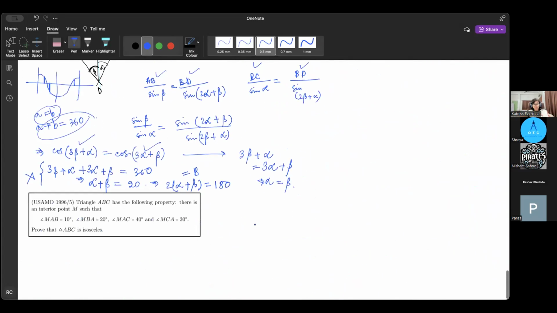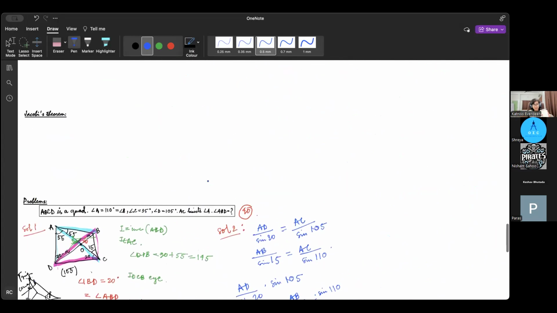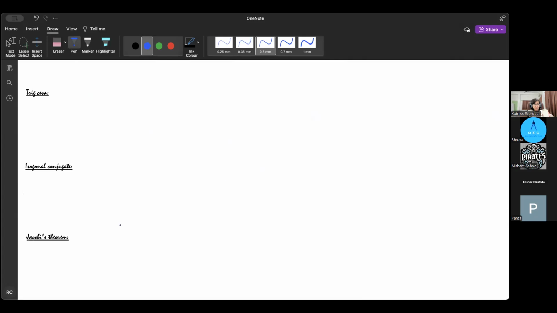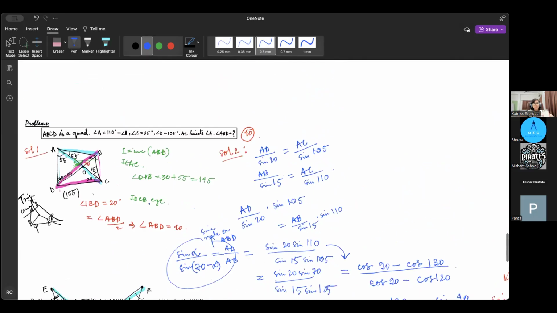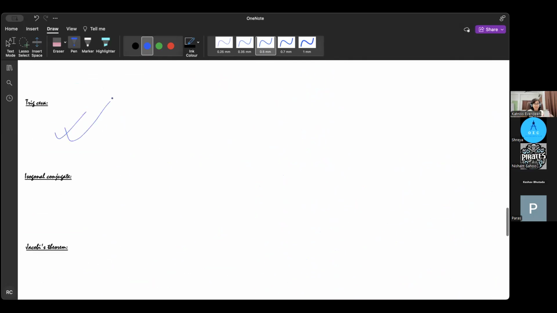Okay, so I had actually planned to do one more problem. This problem is pretty nice. And I also wanted to cover a few more things like trig Ceva, isogonal conjugates, and Jacobi's theorem using trigonometry. Basically, everybody said that they know trig Ceva.